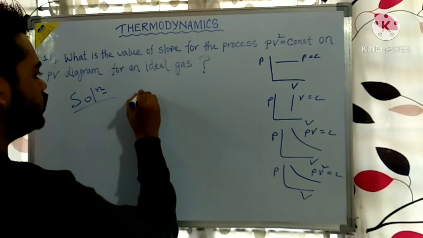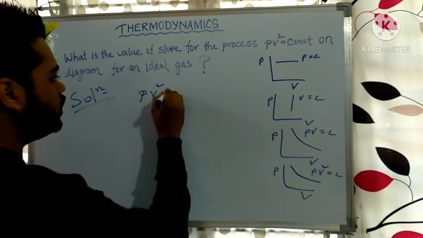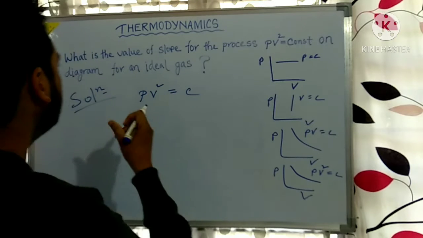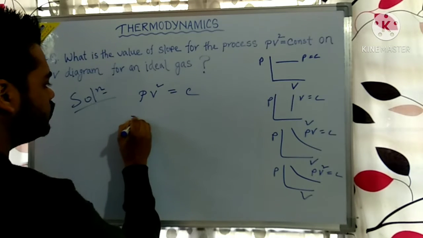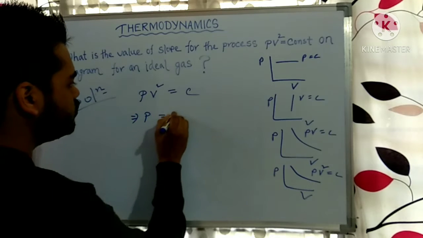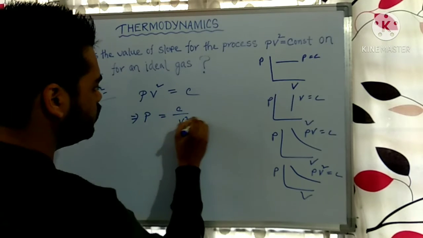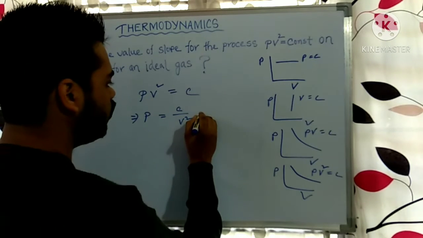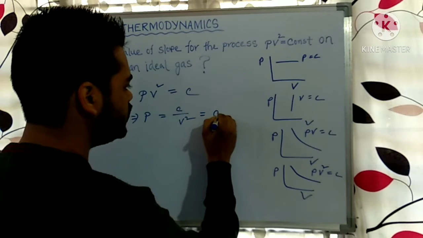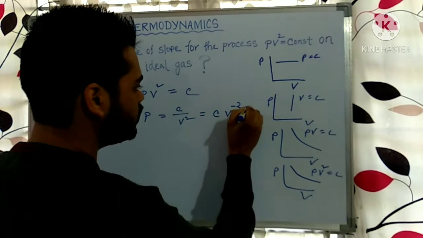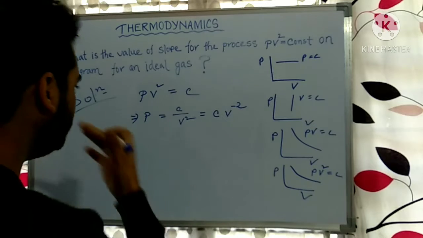Okay, so given PV square is equal to constant, now we can write P is equal to C by V square, or we can write C into V to the power minus 2. Right?